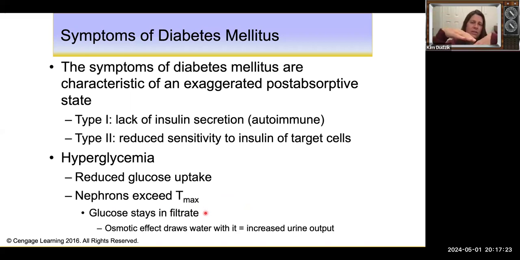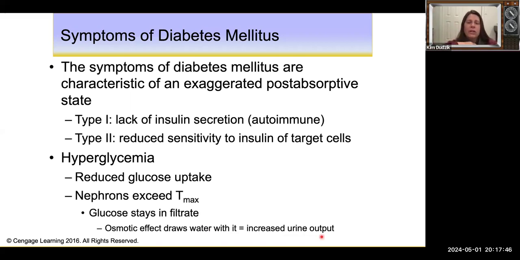If the filtrate is more hypertonic than the surrounding tissues, then less water can be reabsorbed. And with less water being reabsorbed back into the bloodstream, we have an increased urine output. So that's one of the signs that a person is diabetic.